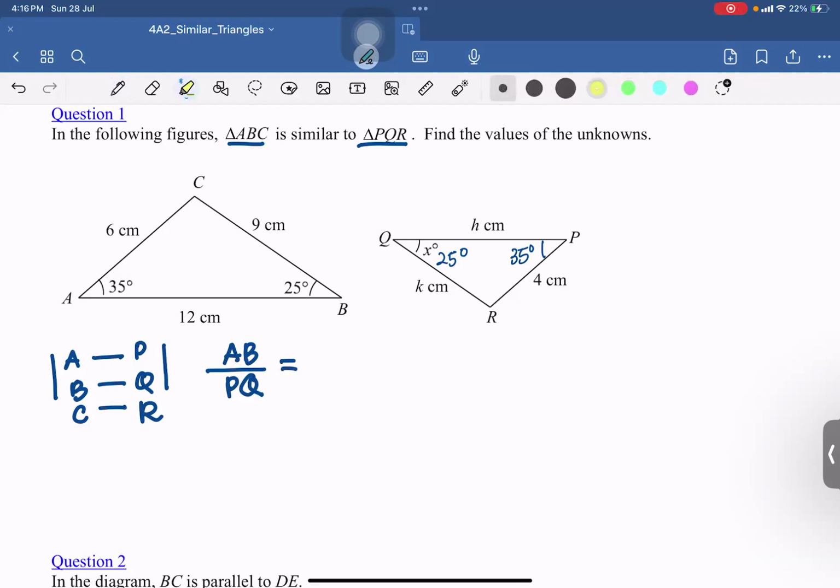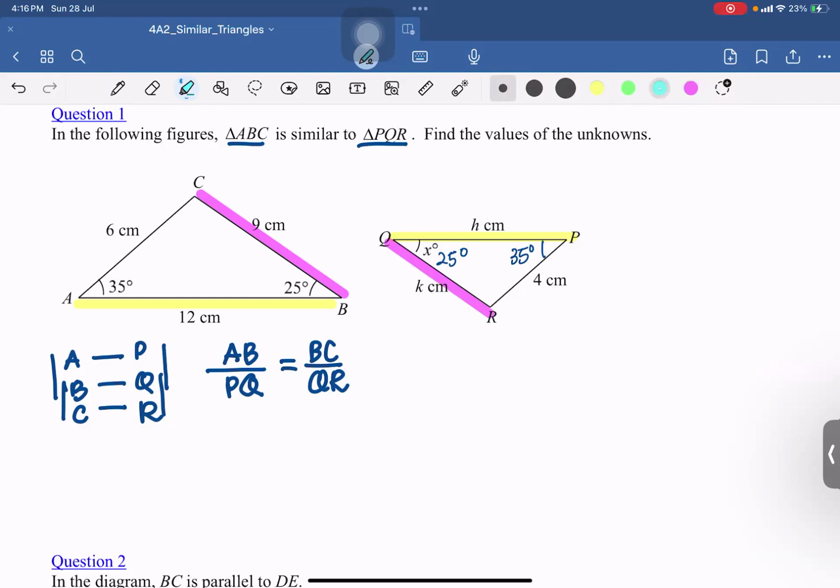Let me write down in highlighter, AB with PQ. Then we have the next matching side, BC with QR. I'll take the pink. B, C, and Q, R.